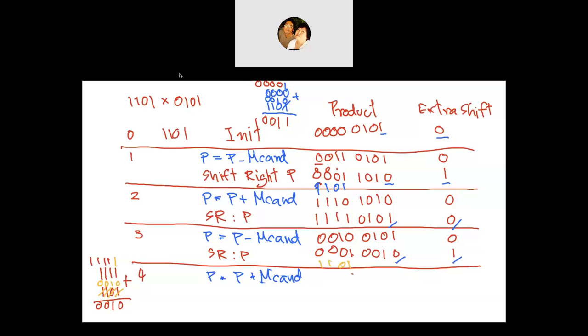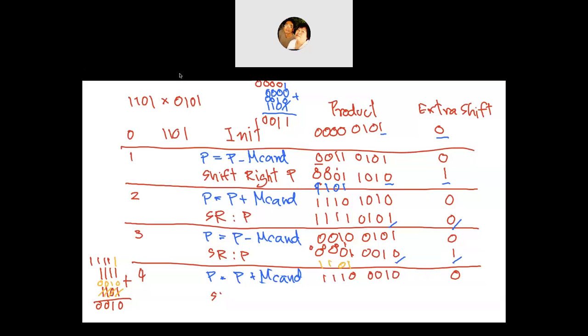1, 1, we get 0, 1. 1, 0, 0, we get 1, 0. 0, 0, 1, we get 1, 0. 0, 0, 1, we get 1, 0. And then we get the right-hand side of the product the same as before, like this.